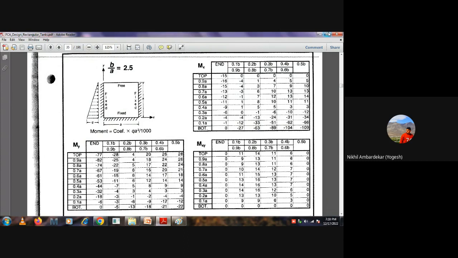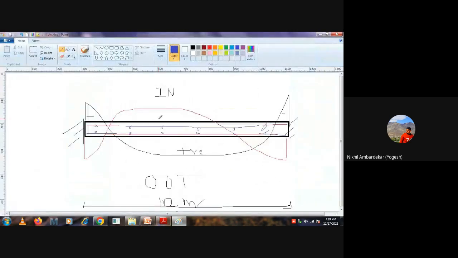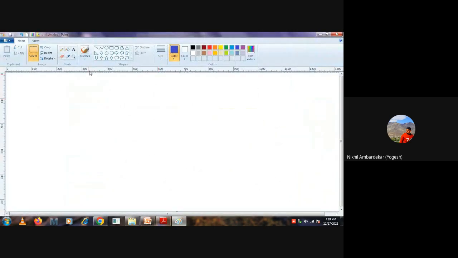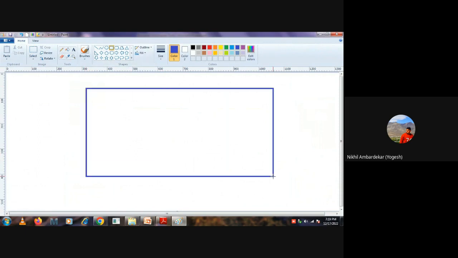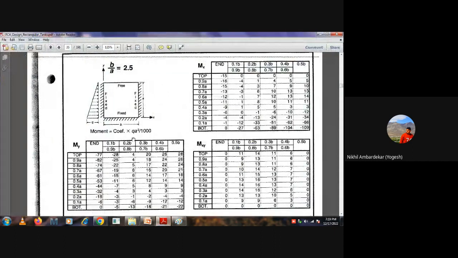Okay. So now again, we are coming back to how to find the bending moment Mx and My. Again, I will erase everything. Suppose this is my wall panel. When you design any wall or structure, you don't need to find out everywhere, correct?